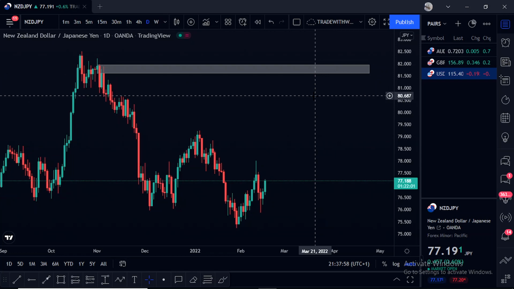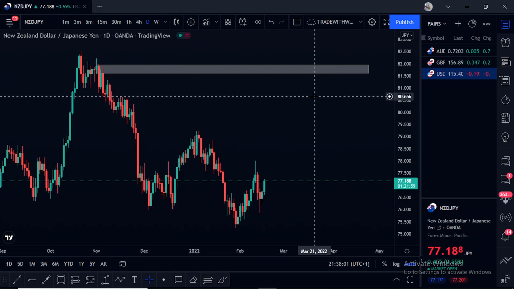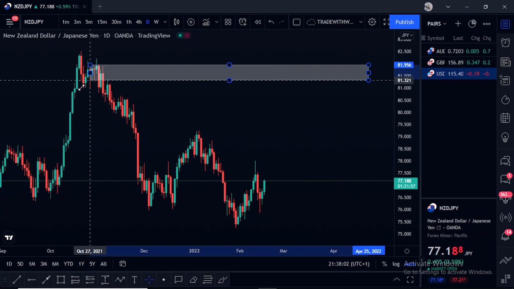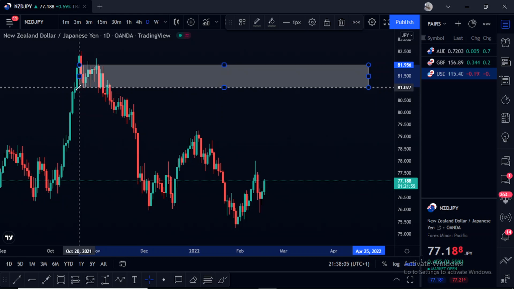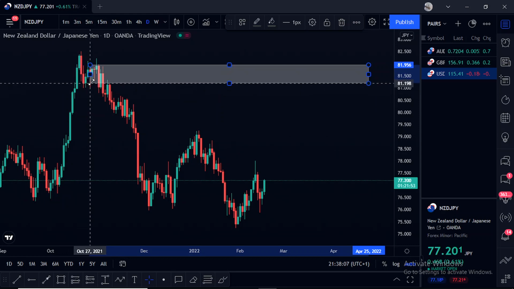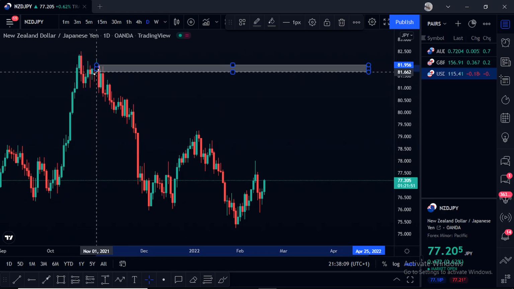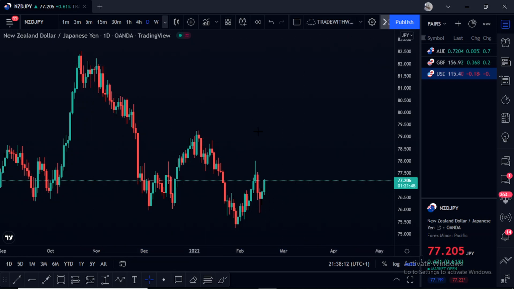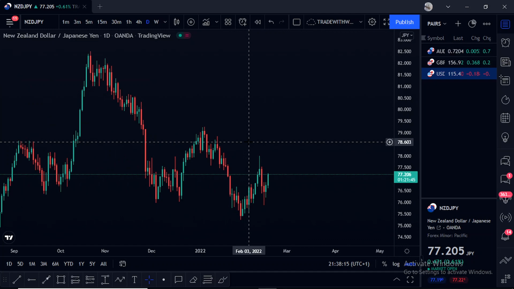Now you can see the difference between supply and demand and order block. A demand and supply zone is the zone that caused the turning point, whereas the order block is more like a refined demand and supply that you want to look for entries from. Okay, that is the way to identify demand and supply, turning point areas in the markets.